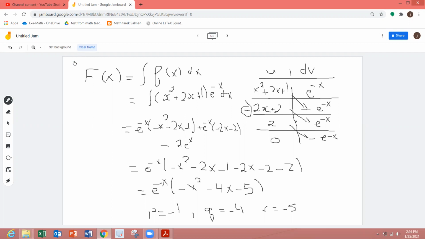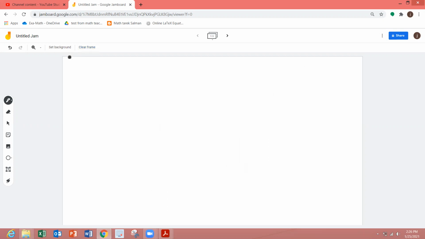What is the area equal to? We want to find the area between the curve C of f of x, the x-axis, and the lines x equals 0 and x equal 1.